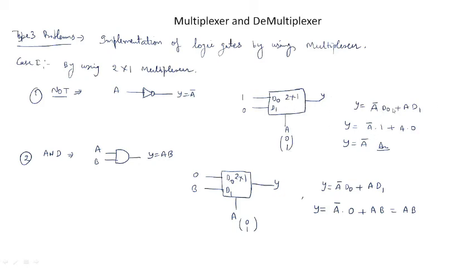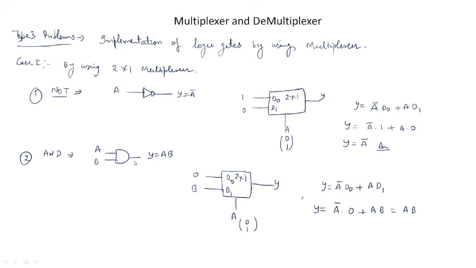So A bar D0, where D0 is here 1, will be written as A bar into 1 plus A, and D1 is here 0, so Y will be A bar. So when your inputs are 1 0, we will have an output equal to a NOT gate from a 2 by 1 multiplexer.